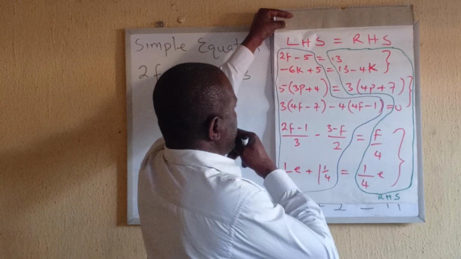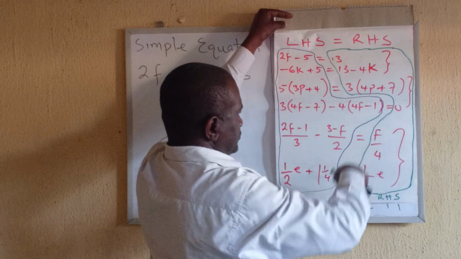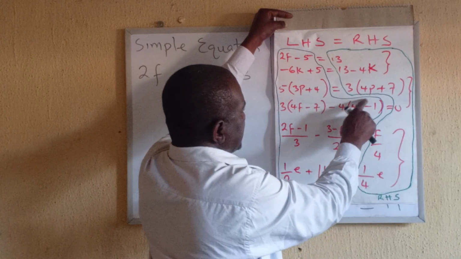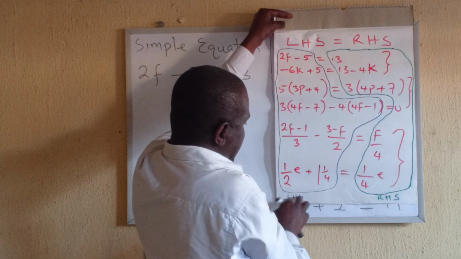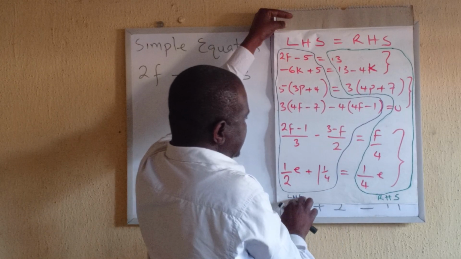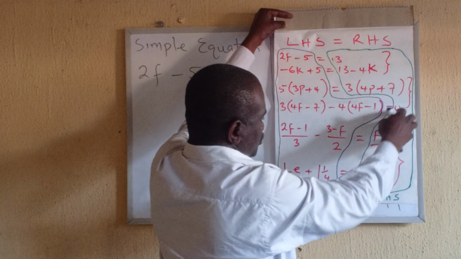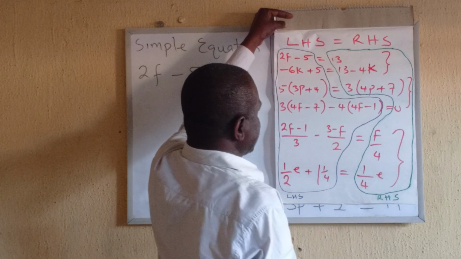Now, if you look, all of them have equals to. And also, as I've demarcated it, the expressions before the equals to are on your left, so it is said to be the left hand side. The other expression after the equals to is on your right as you are facing, so it becomes the right hand side.